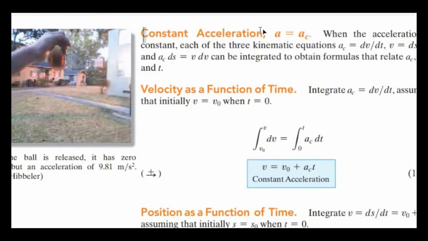Here, if you see, this is a constant acceleration. So this proof will work for constant acceleration. This one is very important. Okay, this one you need to remember. Clear?